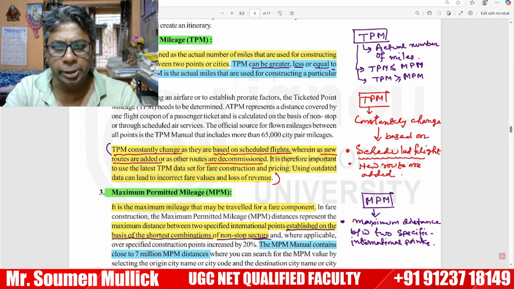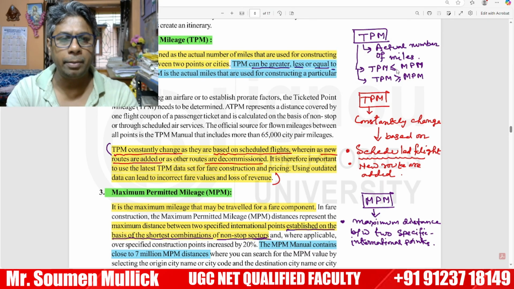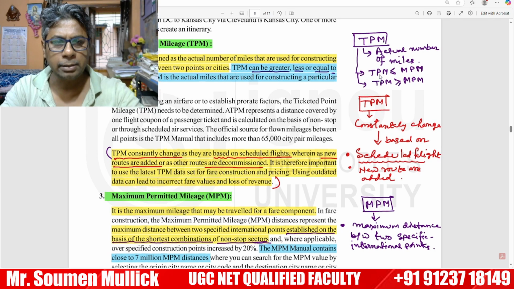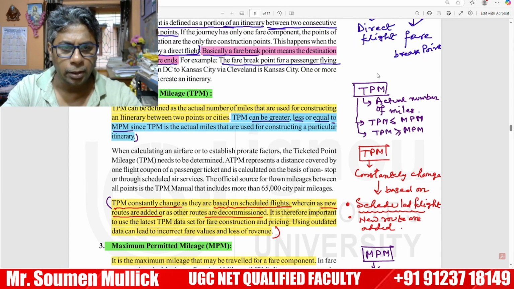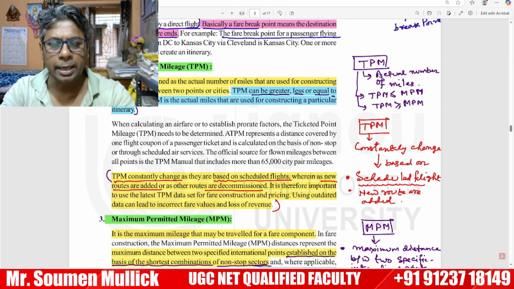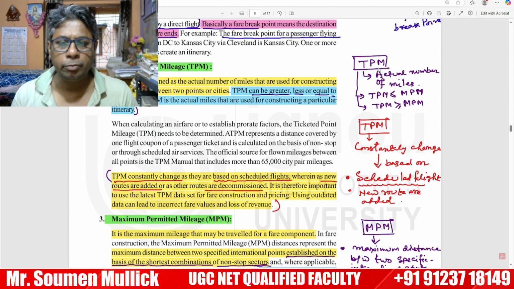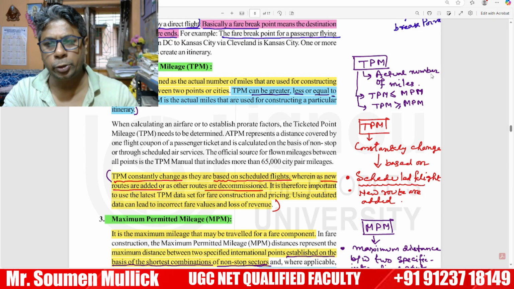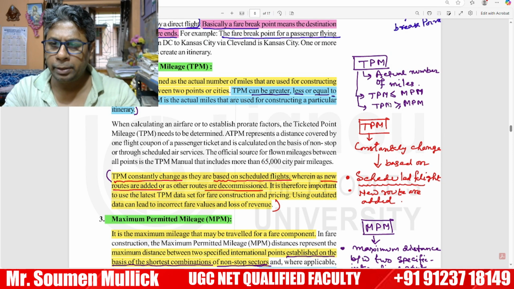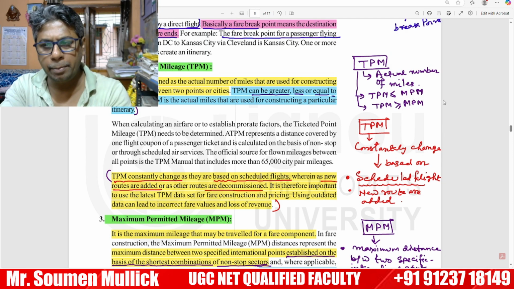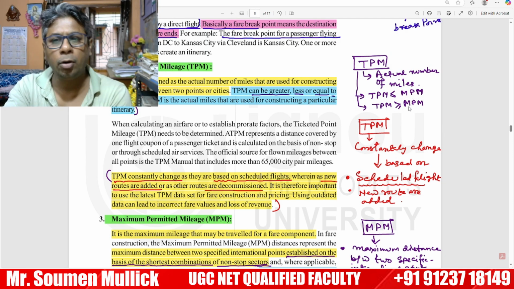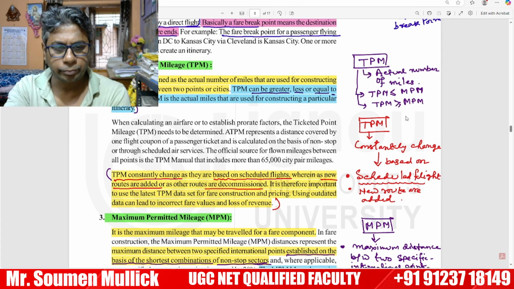Ticket point mileage can be greater than, less than, or equal to the MPM, maximum permitted mileage, since TPM is the actual mileage used for constructing a particular itinerary. So TPM is the actual number of miles.